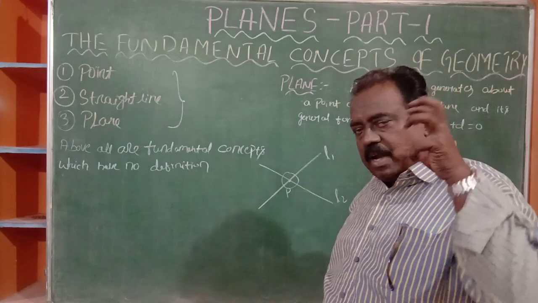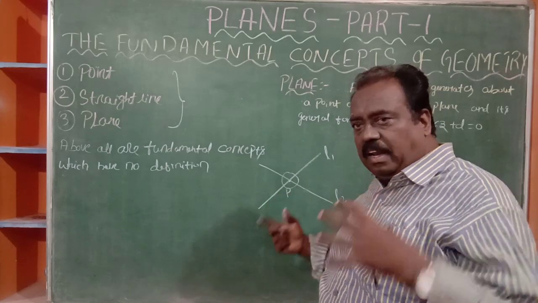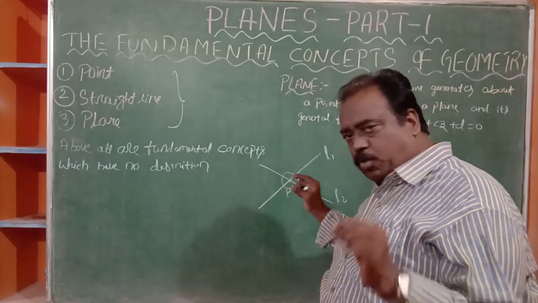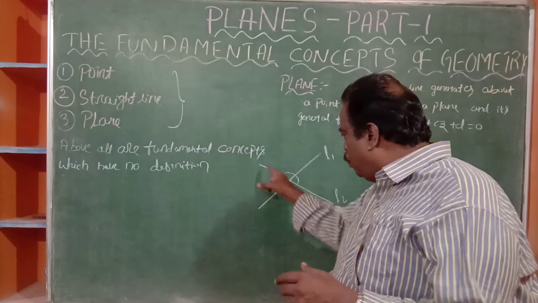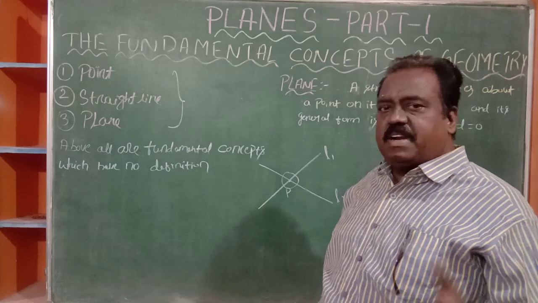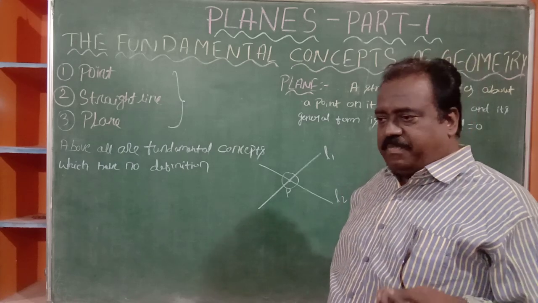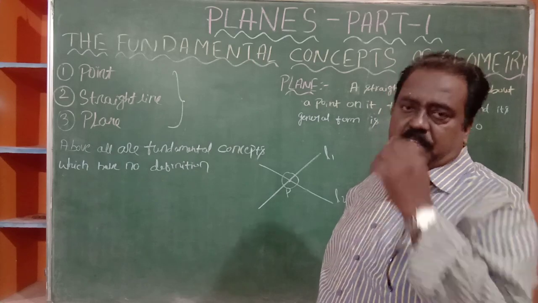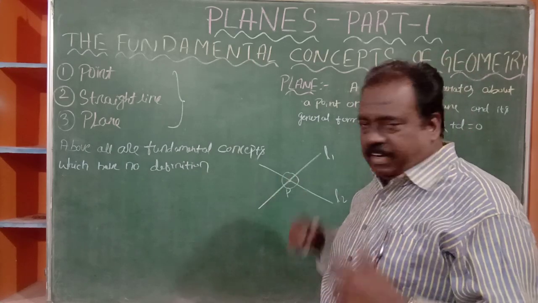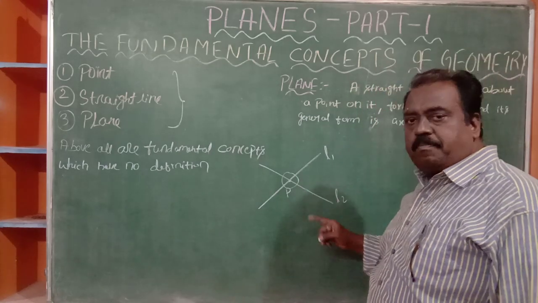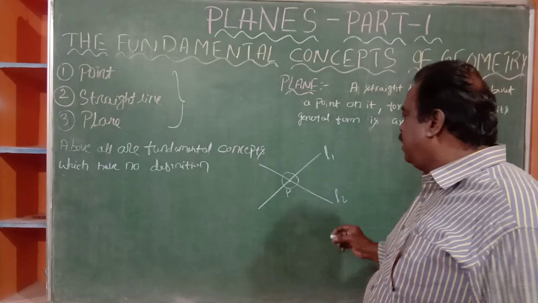If we have some idea about the straight line, then we can say it is a common spot to two straight lines, and that is called the point. But it is meaningless. The very starting concept is the point, so without the straight line, the point cannot be defined.